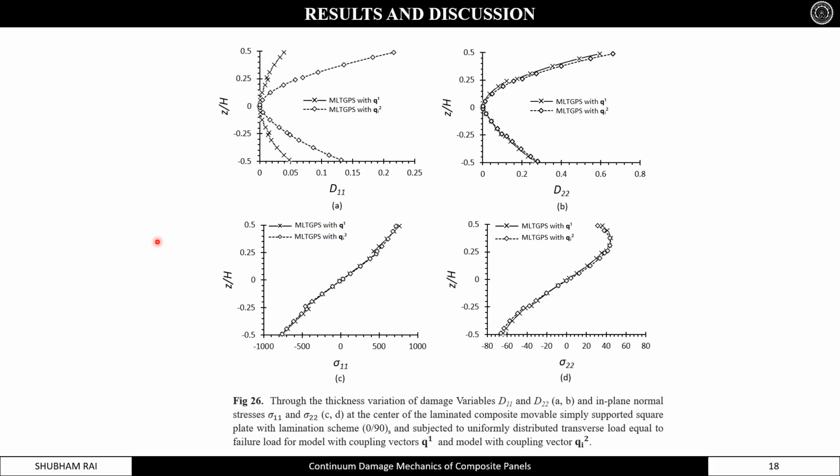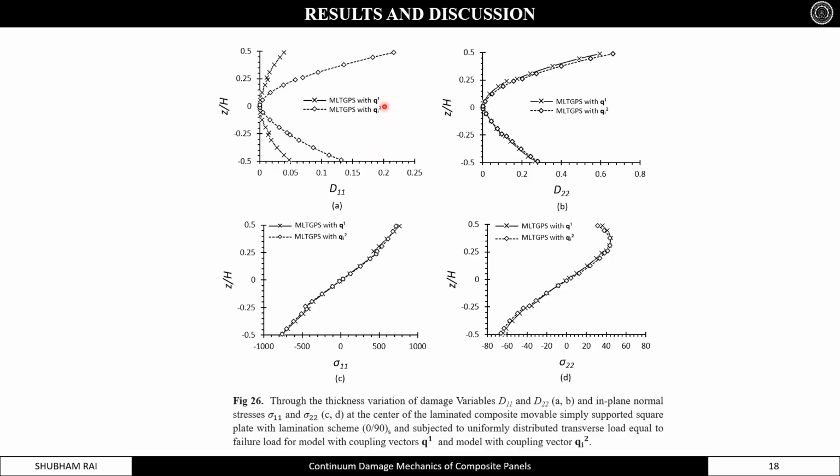So in this slide we are comparing the through-the-thickness variation of the damage variables D11 and D22 and the corresponding stresses at the center of the laminated composite plate, which is subjected to a uniformly distributed transverse load, using coupling vector Q1 and Q2.